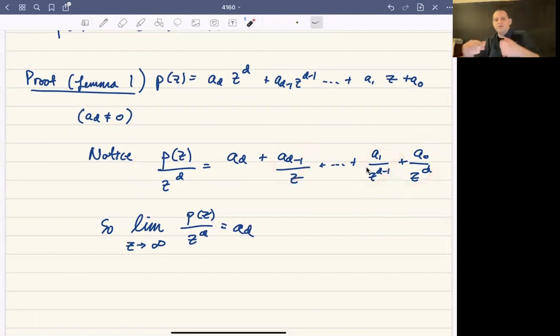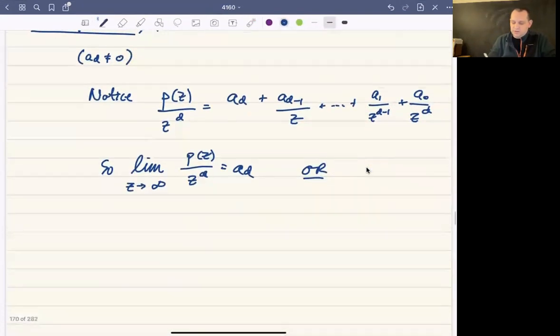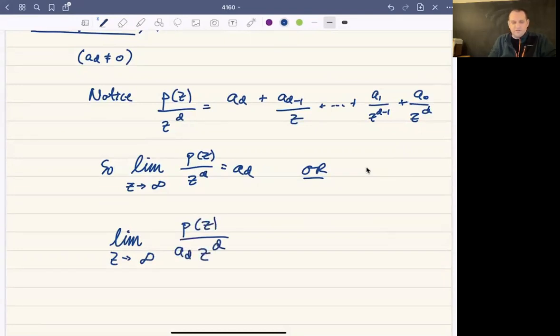One slight variation that's a little neater, and totally equivalent, is to divide both sides by a sub d, and then this limit is going to be 1. So p of z over its first term goes to 1.